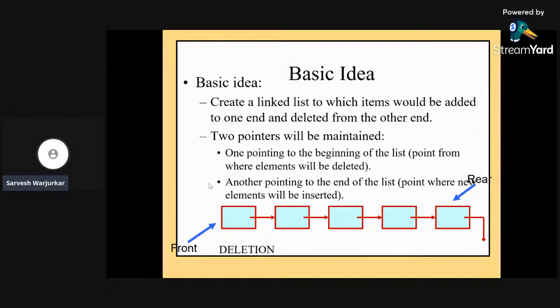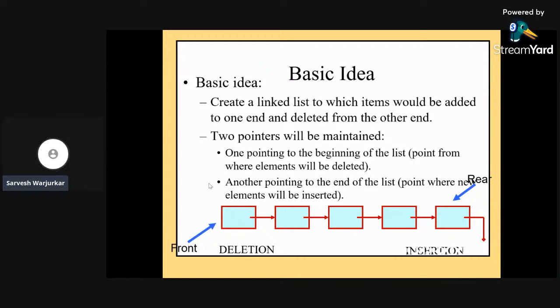Again, there are two different ends: the front end and the rear end. I repeat, one points to the beginning of the linked list, that means from where the elements will be deleted, and another points to the end of the list, where the new element can be inserted.